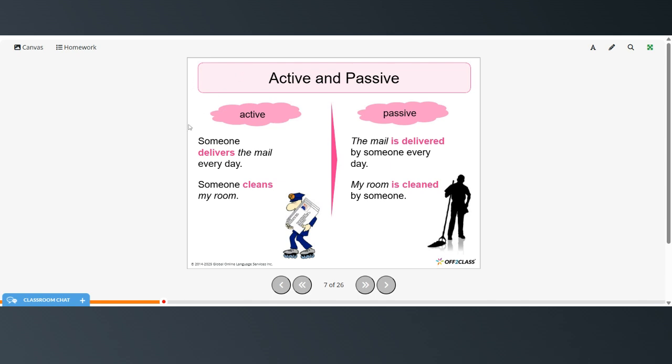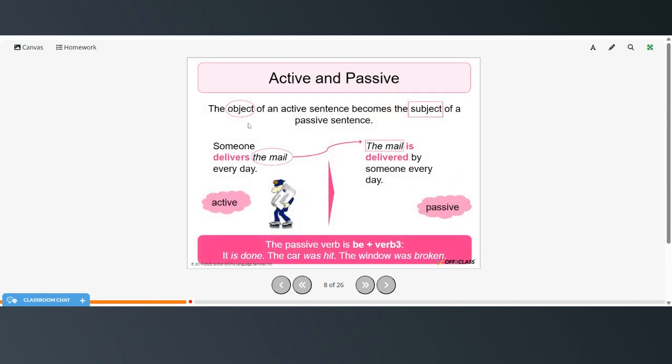So active, someone delivers the mail every day. Someone cleans my room. Passive would be the mail is delivered by someone every day. My room is cleaned by someone. So the object of an active sentence becomes the subject of a passive sentence. For example, someone delivers the mail every day. That's the active sentence.